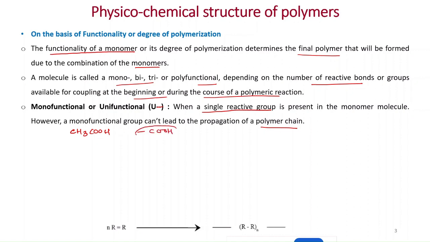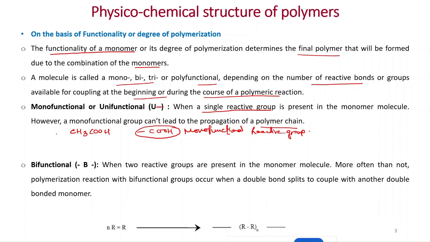This is the only reactive monofunctional group, right? But the thing is, it cannot form a polymer by itself. So these monofunctional groups are not that effective in forming a polymeric chain.